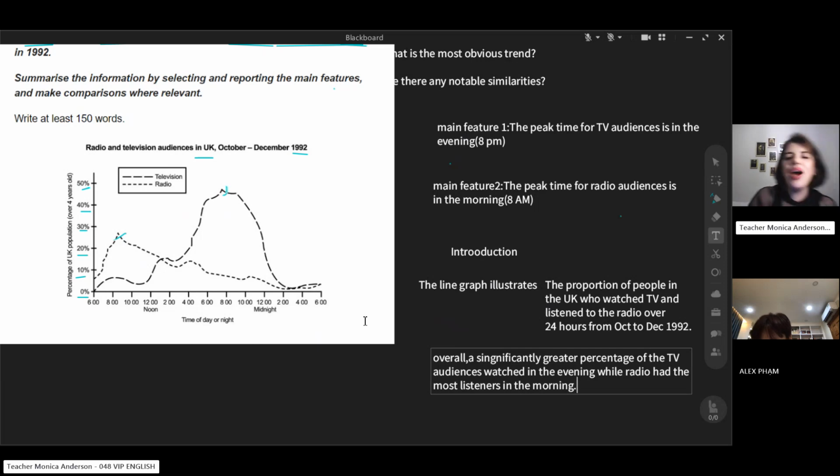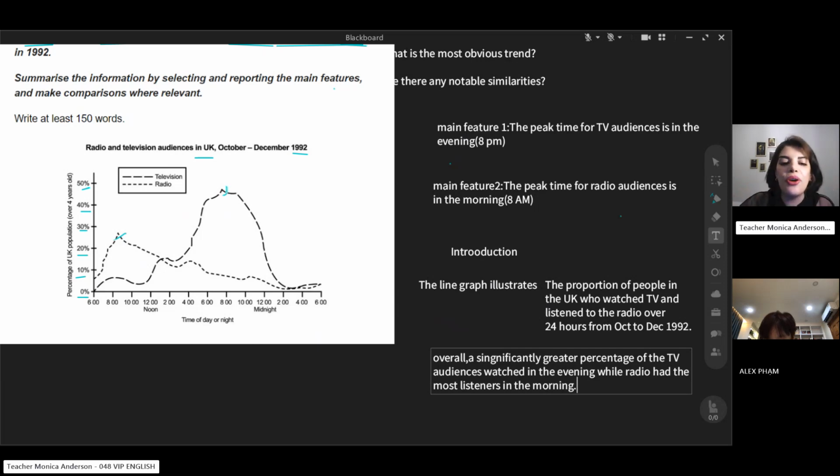Why didn't I use the same sentence? Because I don't want to repeat. I could say, while the significantly greater percentage of the, but I don't want to write that again. So I change it. I say, while radio had the most listeners in the morning.